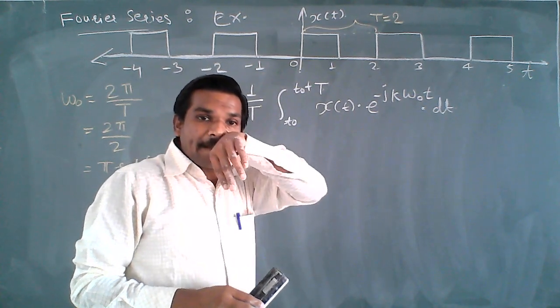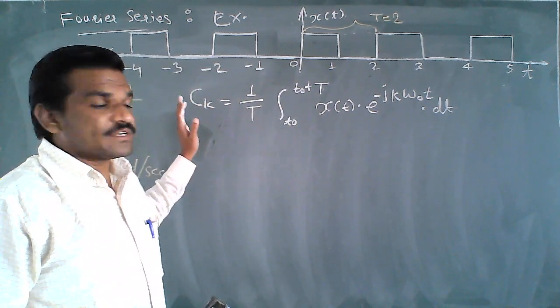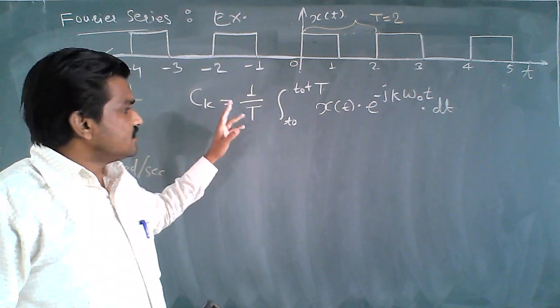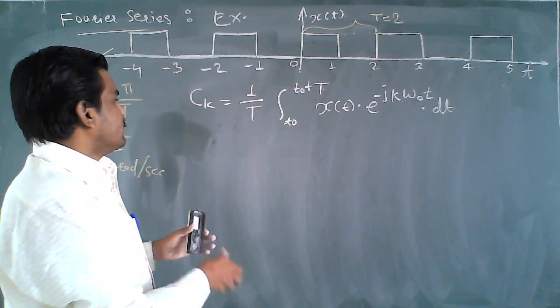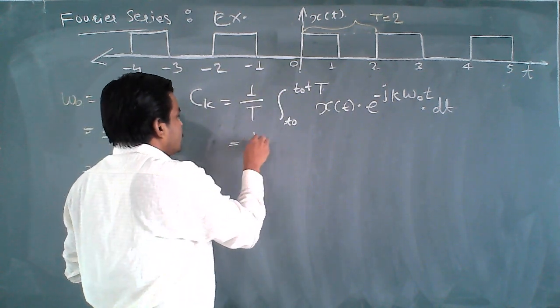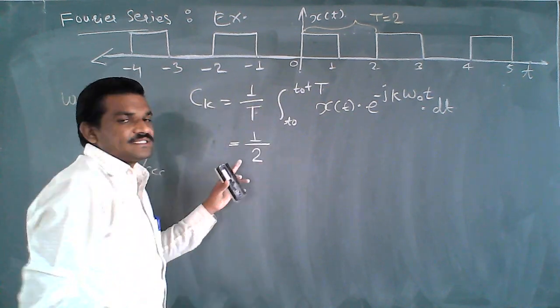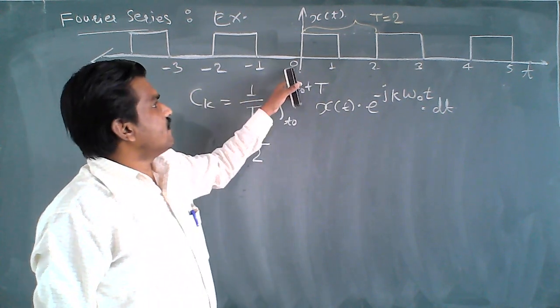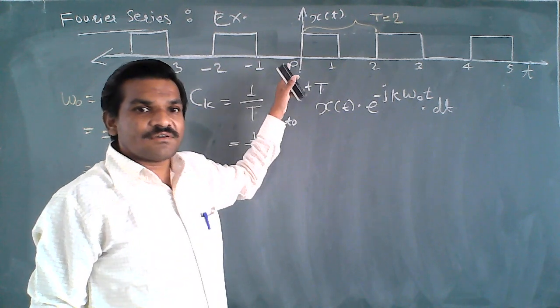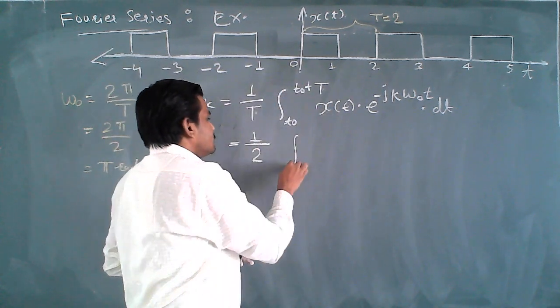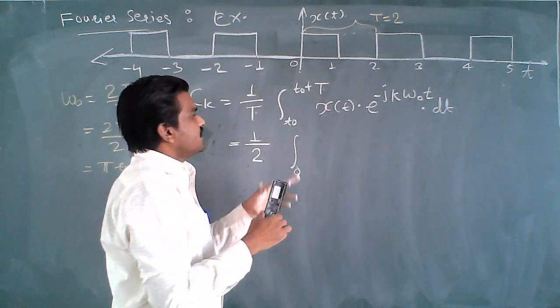So let us go to this point. Ck I have to calculate. So I know what T is, so I will write 1 by 2, as T equals 2. And for the integration, it is from 0 to 2, the complete period.